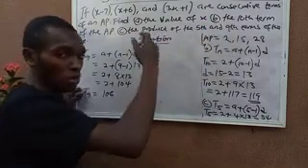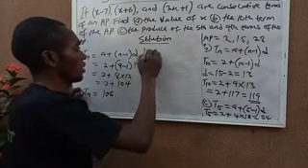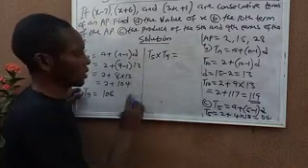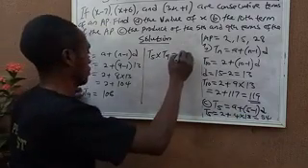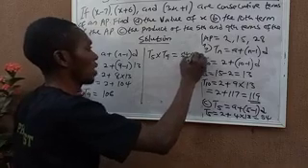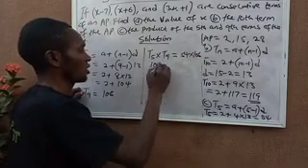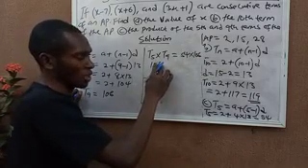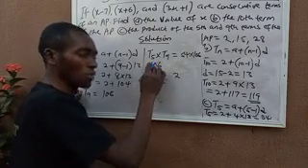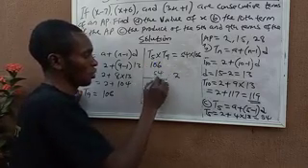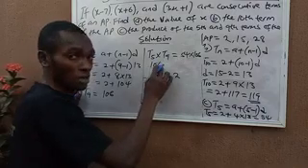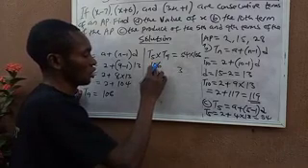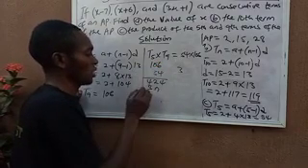They ask us to look for the product. Product means times. So we can say T5 times T9, which is the same thing as 54 times 106. We can arrange it like this. 4 times 6 is 24, write 4, carry 2. 4 times 0 is 0, plus 2 is 2. 4 times 1 is 4. 5 times 6 is 30, write 0, carry 3. 5 times 0 is 0, plus 3 is 3. 5 times 1 is 5.